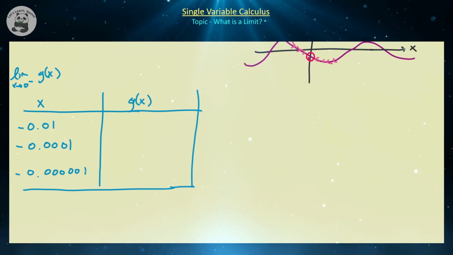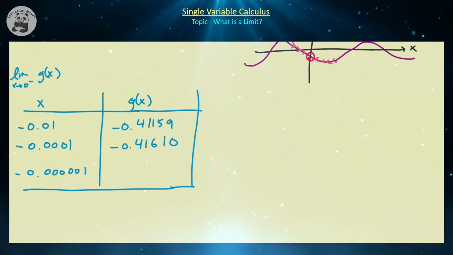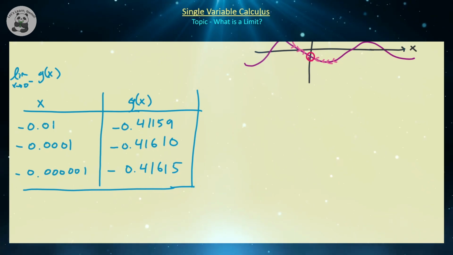And if you use your calculator, you're going to have that that's approximately equal to -0.41159, -0.41610, and -0.41615 approximately.